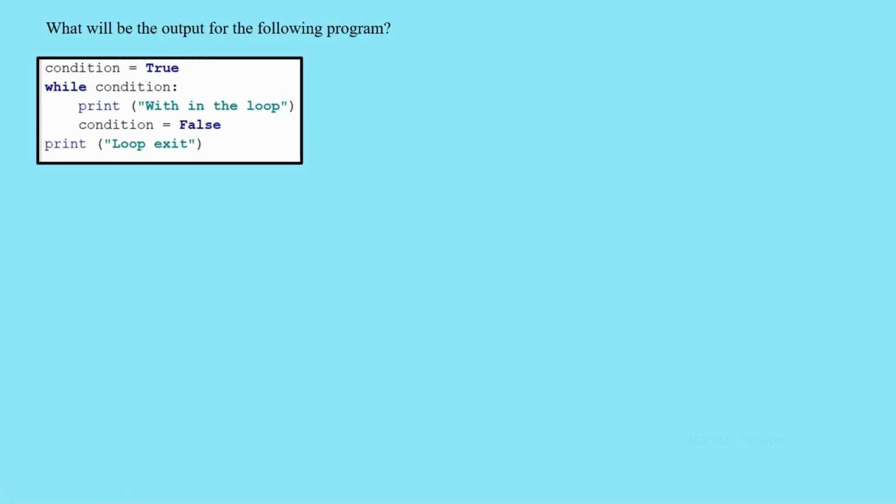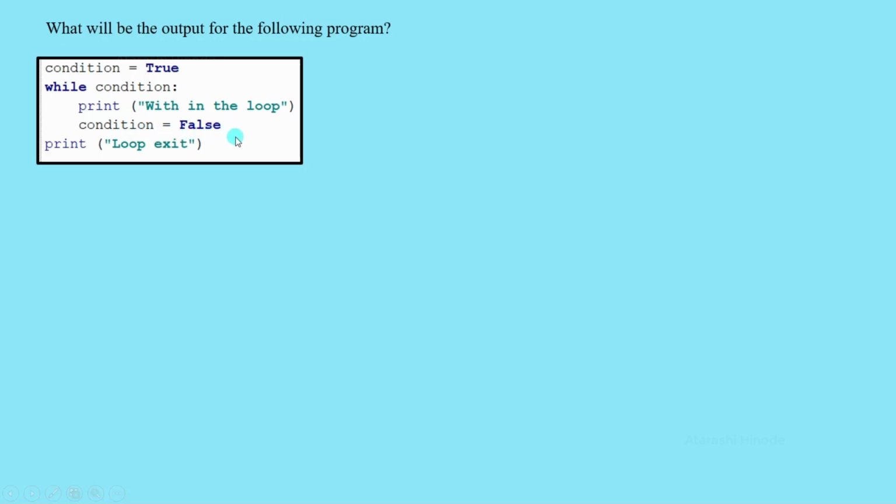Now, Python will execute the first statement inside the while loop, that is print("within the loop"). Now what will this do? This will print everything that is mentioned inside the print command. In our case, it will print "within the loop". Then our Python interpreter will go to the next statement inside the while block, that is condition = False.